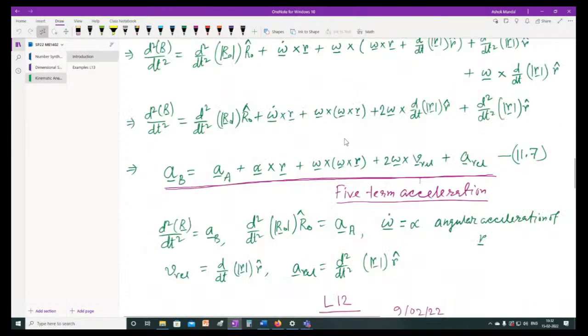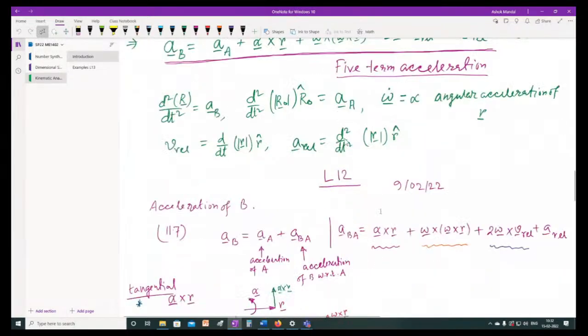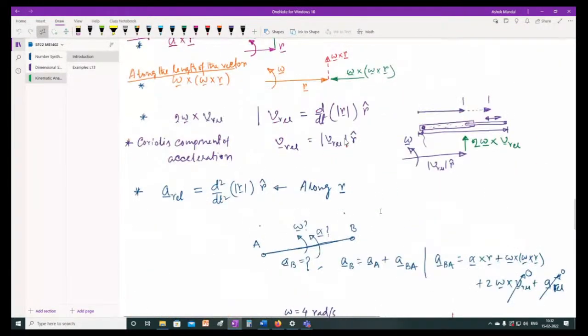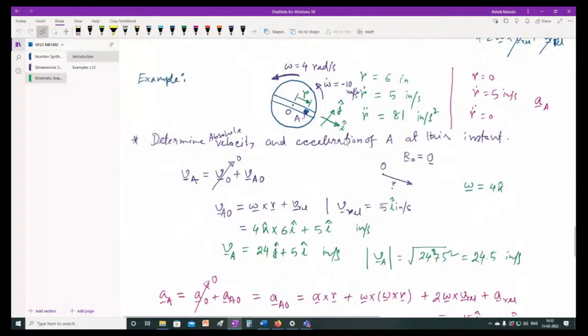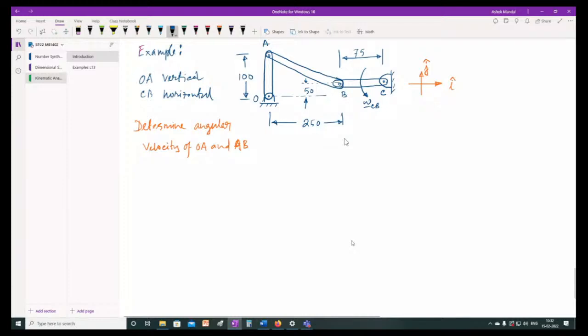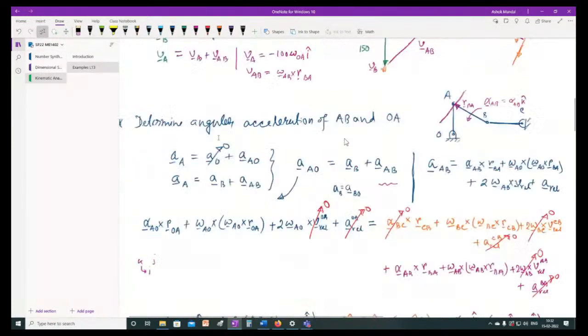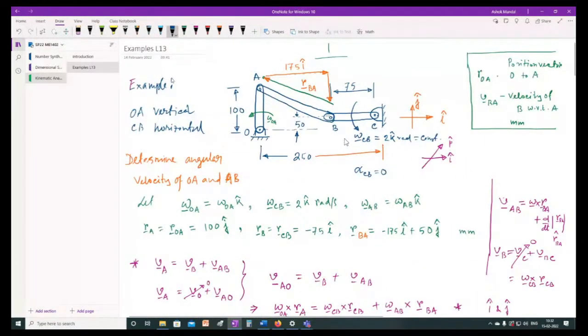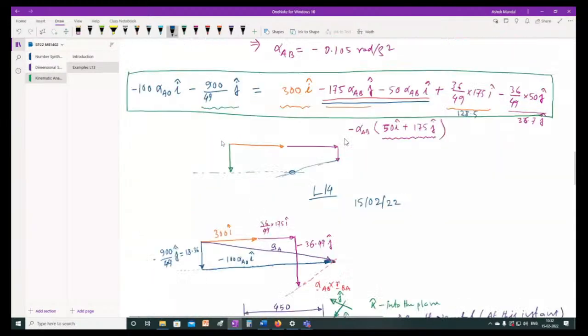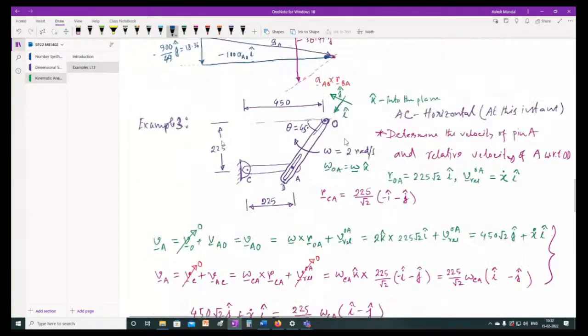We have discussed this 5-term acceleration formula, the physical significance of each term. Then we have taken an example. This is our example 1, this is our example 2, and we have taken another example, example 3. So in these examples, we have covered the significance of each term.